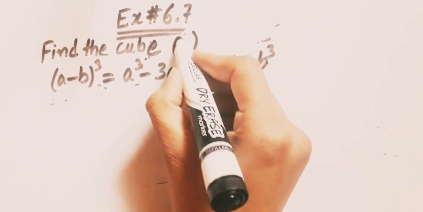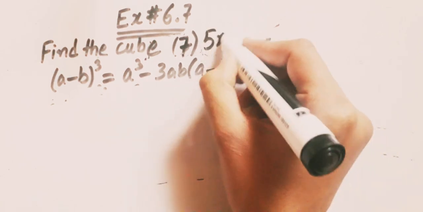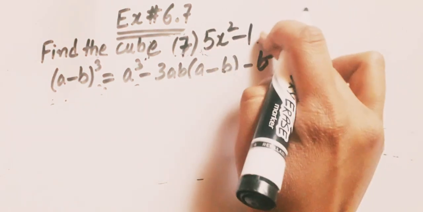Now we will solve question number 7, that is 5x square minus 1.